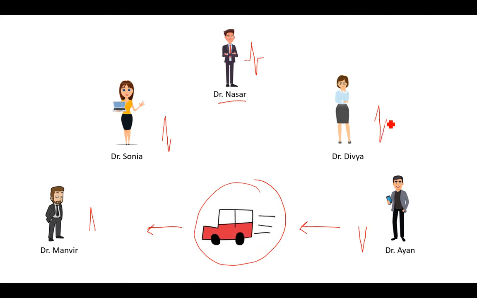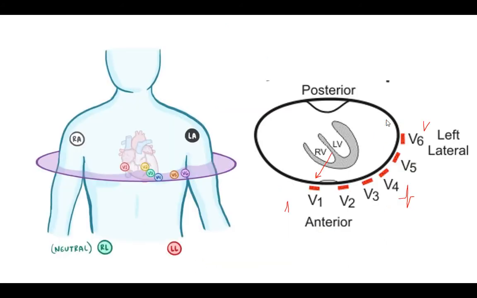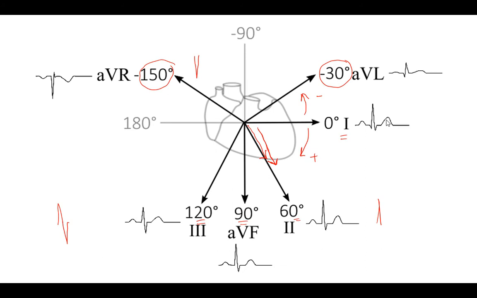So the same thing happens in case of ECG leads. If a vector is moving towards the direction of lead 2, it is giving positive deflection, and as it is moving away from lead AVR, it is giving mainly negative deflection, right?